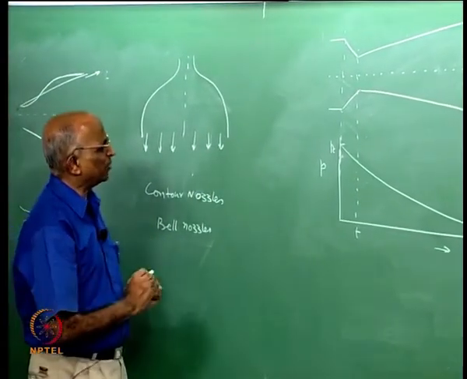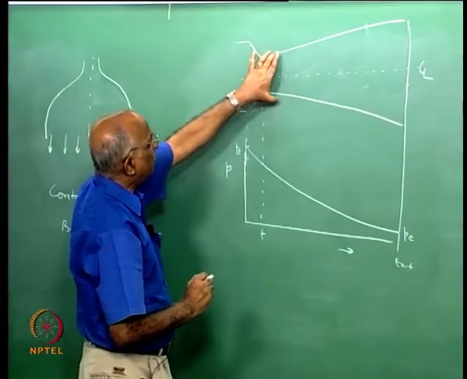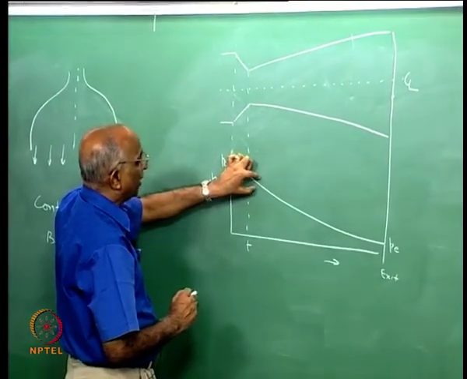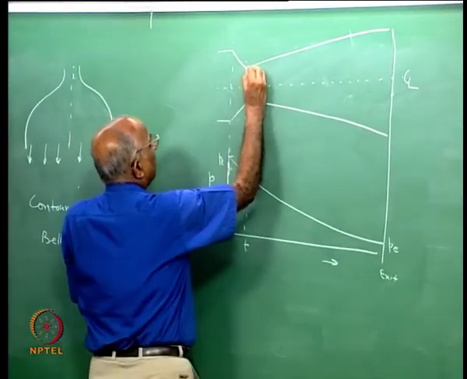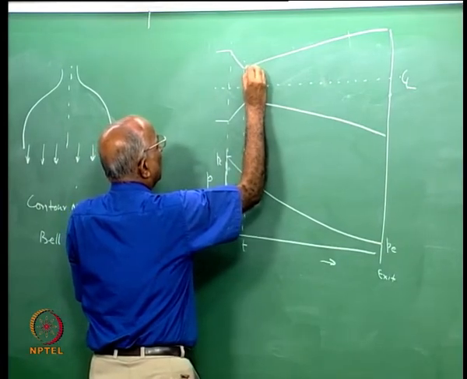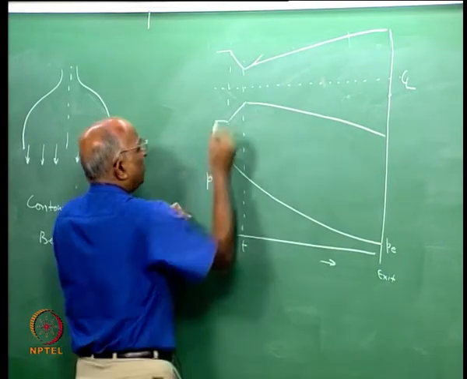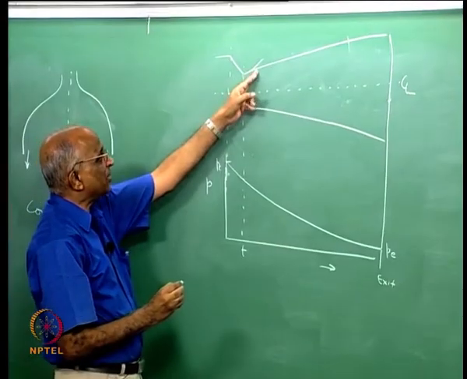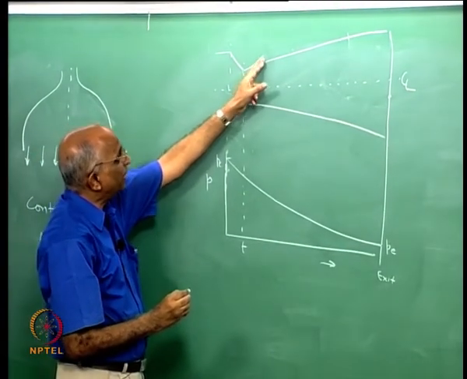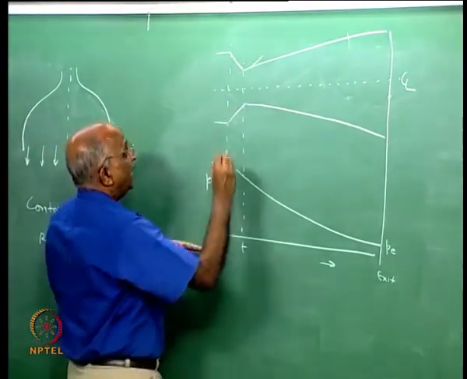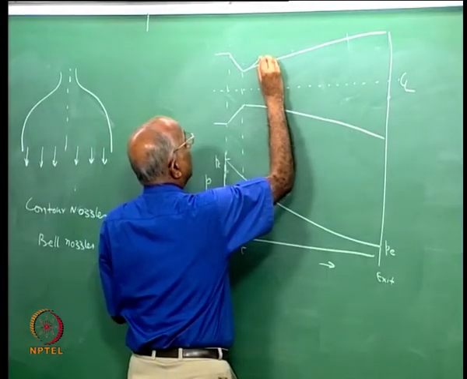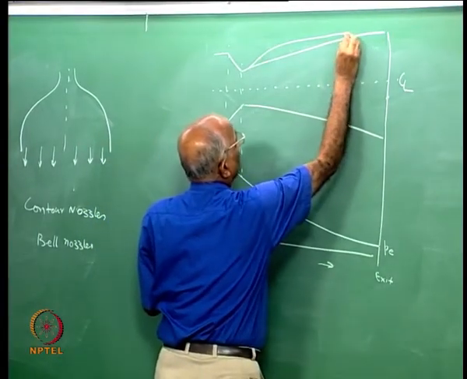All what I am trying to say is, in this part the pressure is still quite high, therefore over here maybe I slightly expand the gases a little bit more, because the pressure is high, the flow cannot separate, it has to follow the wall, and then I reclaim it and bring it back over here.